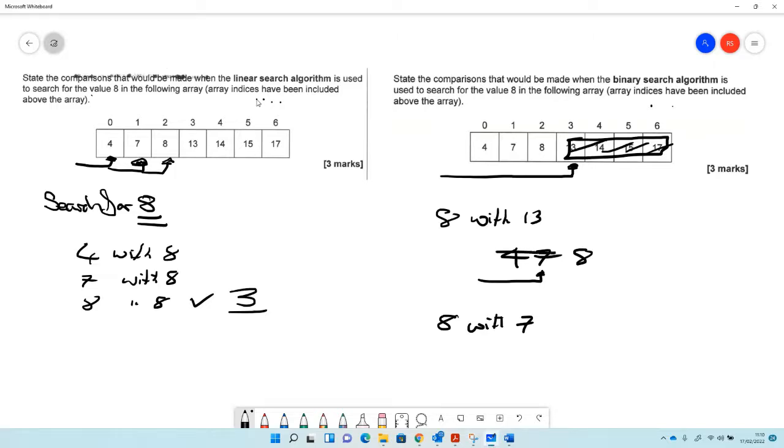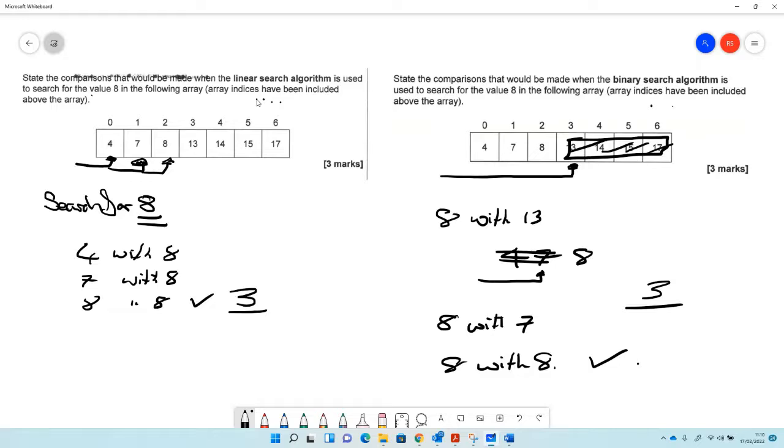It's bigger, so we get rid of that part of the list, and then we compare 8 with 8, which is the last value, and we say we found it. So binary search, in this case, we took the same number of comparisons. We compared with 13, then with 7, and then finally with 8 to find it. So we took three comparisons again.